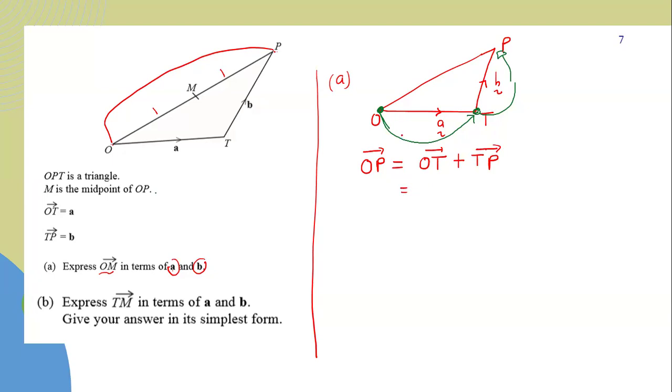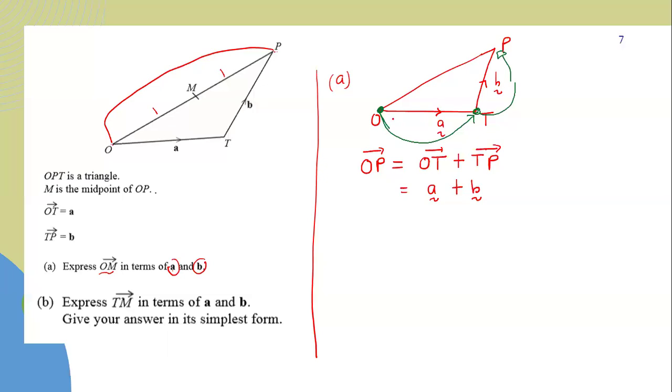But O to T has been represented by A, so here we put A, plus T to P has been represented by B. So that is how we obtain our vector. That means that the vector O to P is A plus B.